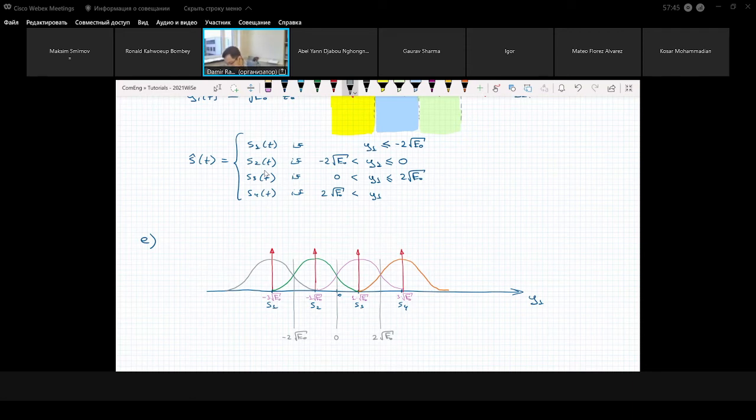We have 3 thresholds. Also, we can specify the variance of our conditional probability density functions. Or actually, we can specify the standard deviation. Sigma n will be equal to the square root of N0 over 2.